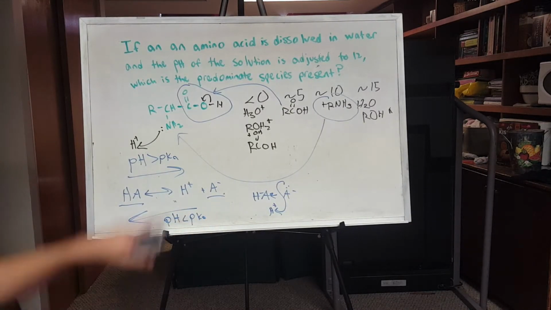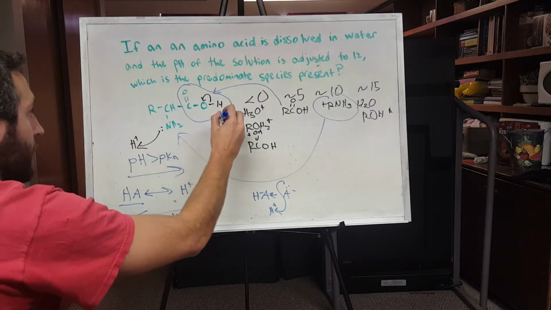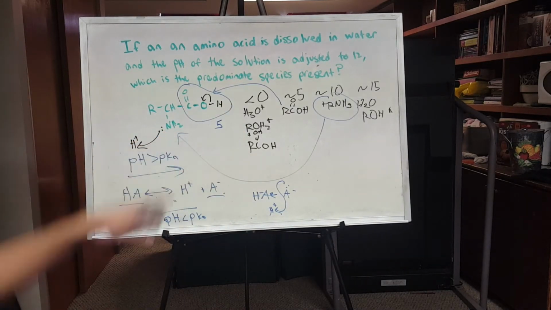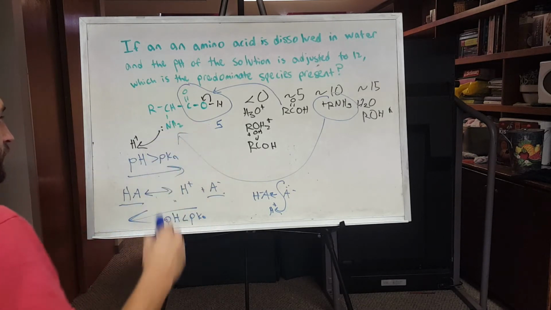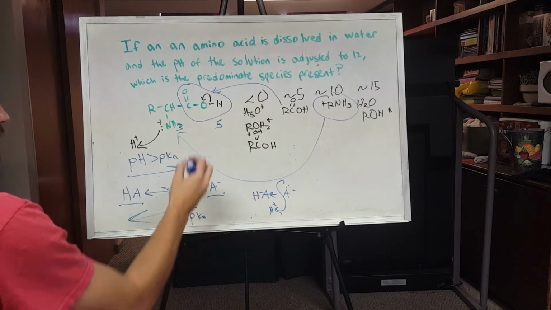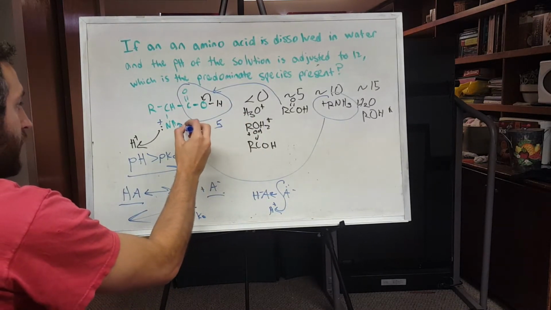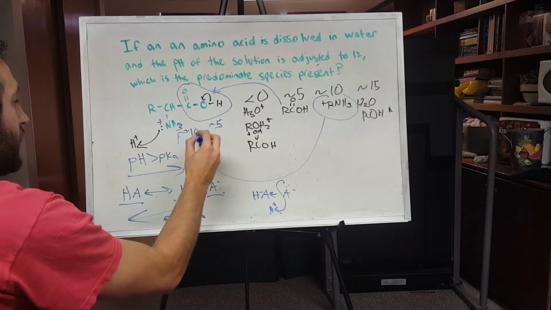Now we know the pKa of this group was about 5. The pKa of this group, let's put a 3 here, plus, is approximately 10.